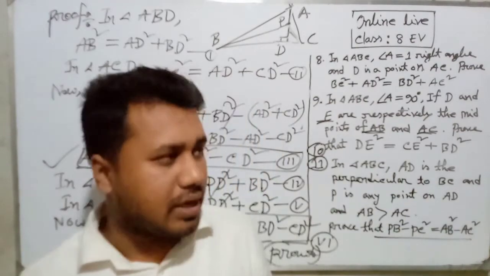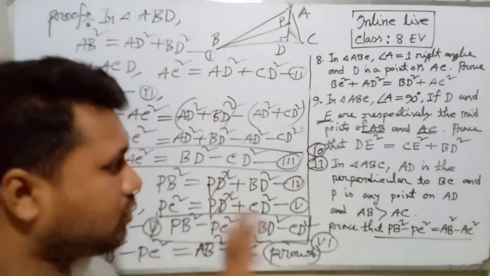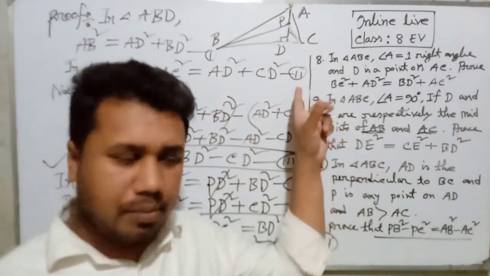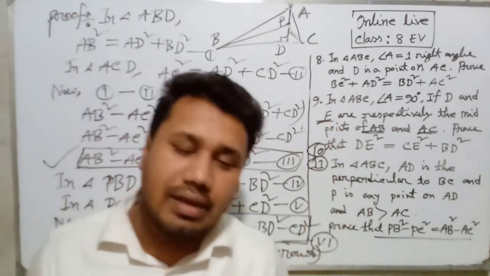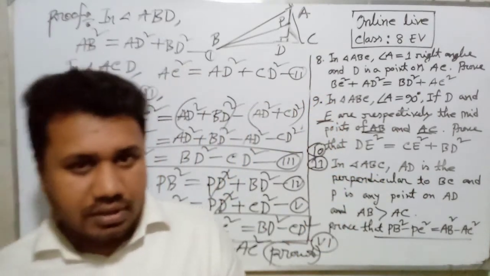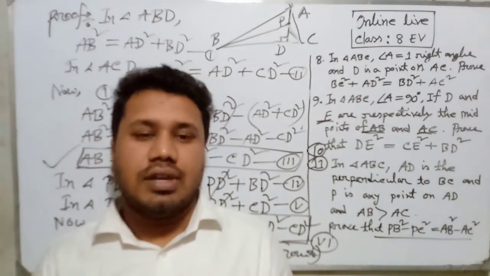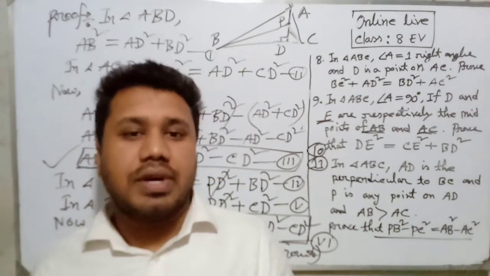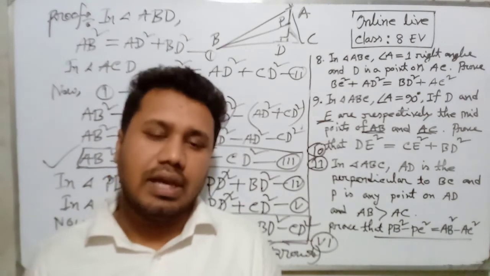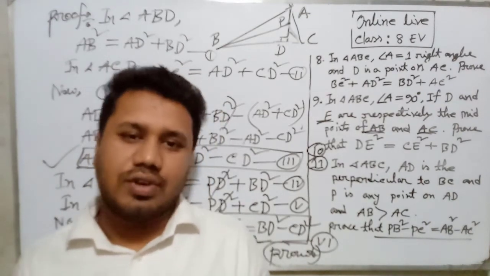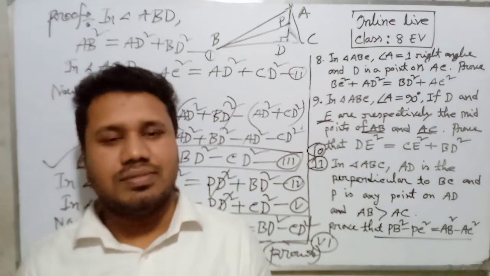From problems number 1 to 11, you can get the answer of problem number 23. Clear dear students? Now practice more and more, then it will be easier for you. Thank you. No more today.